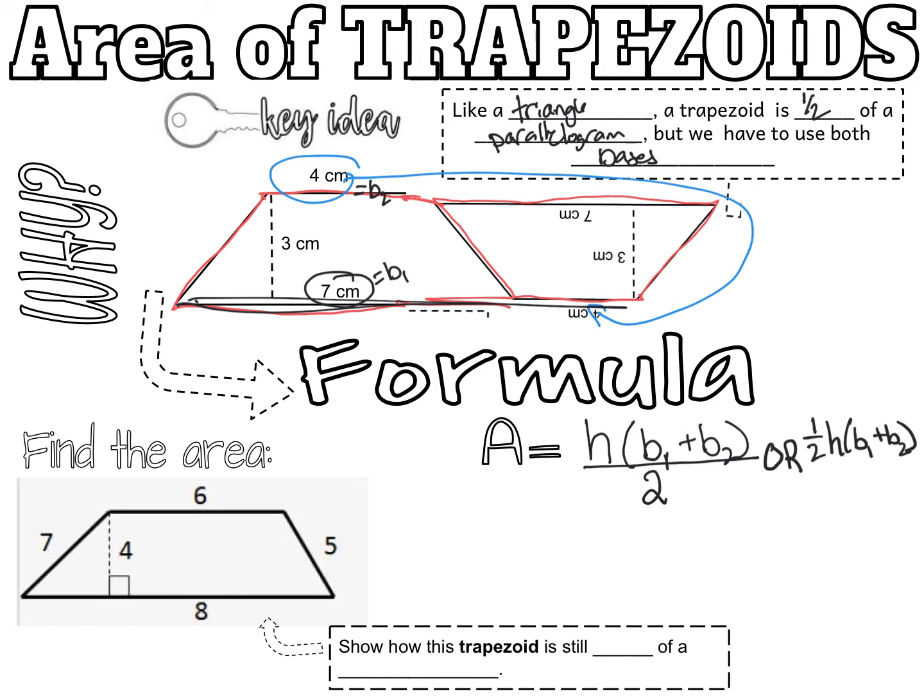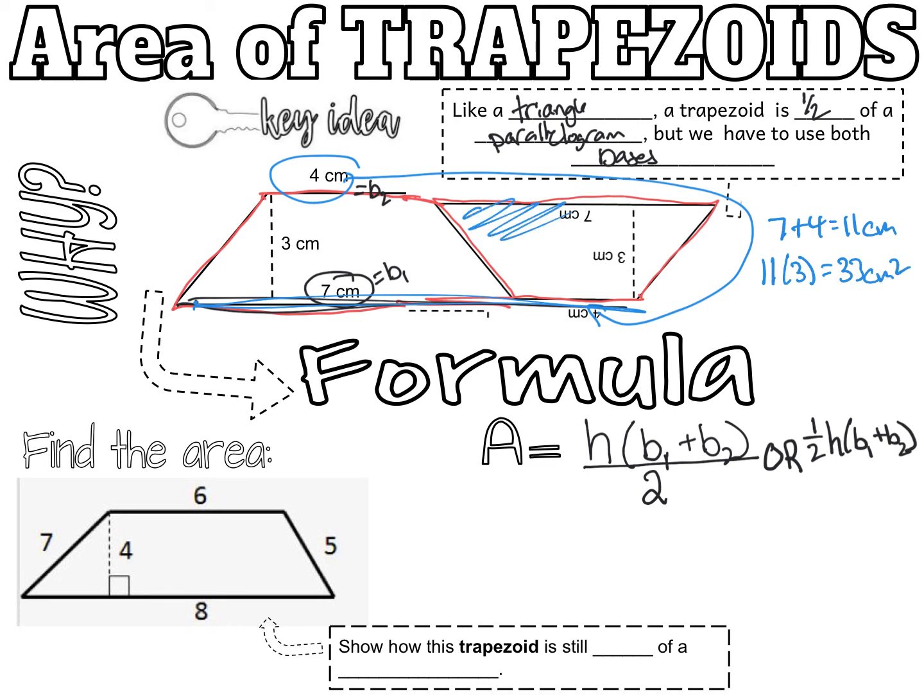Let's look at what this looks like. Going back to our original trapezoid, we have this long base, which becomes 7 plus 4, or 11 centimeters long. That's the full base. The height of our parallelogram stayed 3. So we're going to multiply that by 3, and we get 33 centimeters squared.